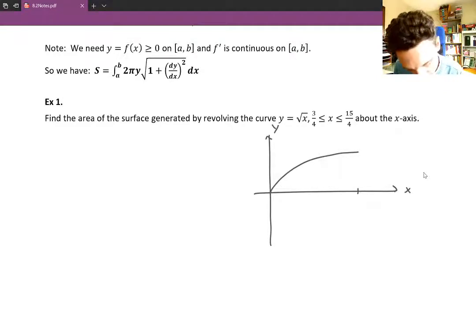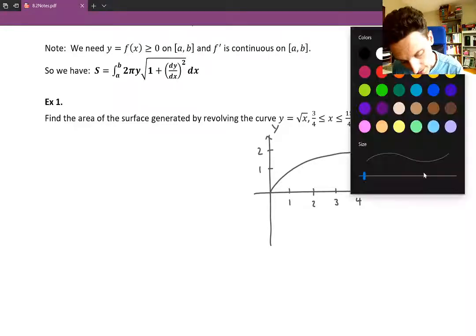15/4. 15/4 is about 4. It's close to 4. I'll write 4 for our scale there. And then at 4, the y value is 2, right? Square root of 4 is 2. And then we have another y value of 1. I'll just put it there.